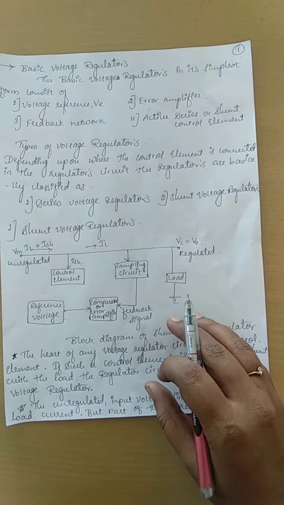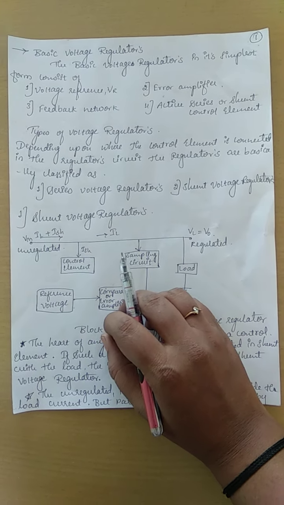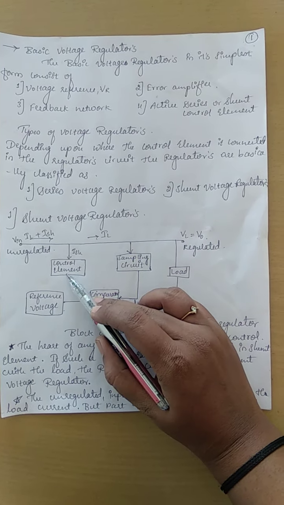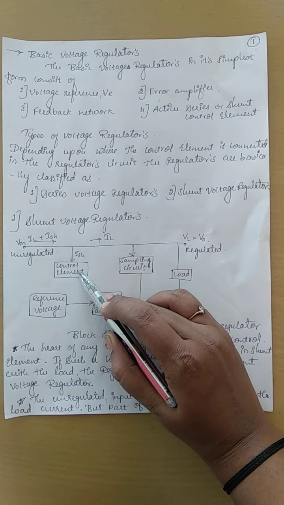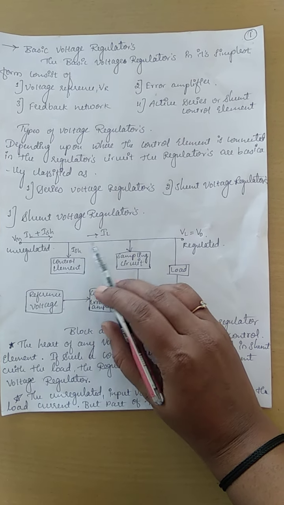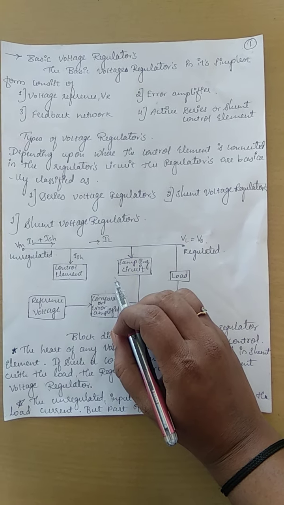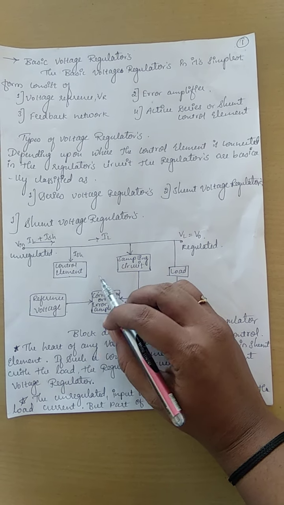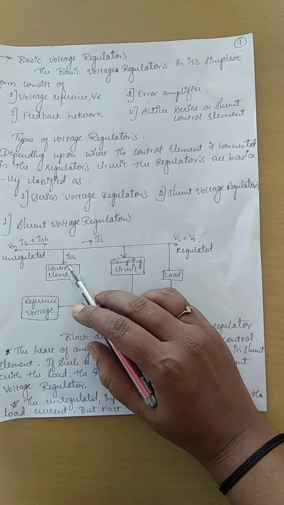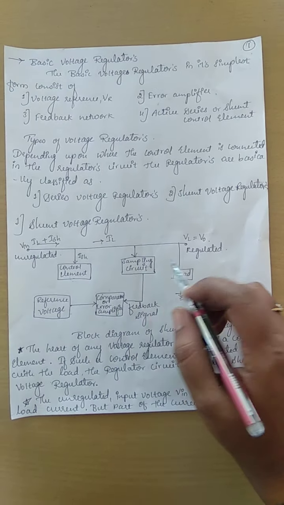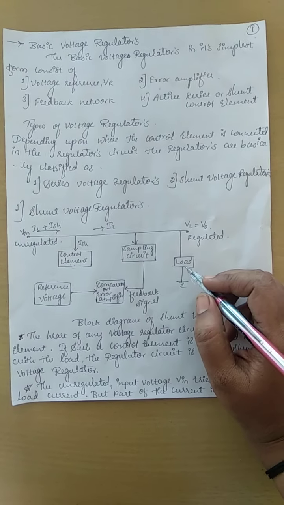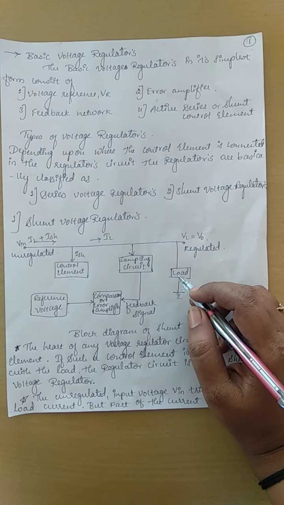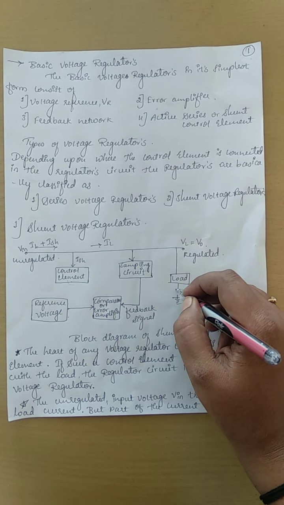The heart of the voltage regulator circuit is the control element. This control element will control the entire system. This control element is connected to the load in parallel, so it is called a shunt voltage regulator.